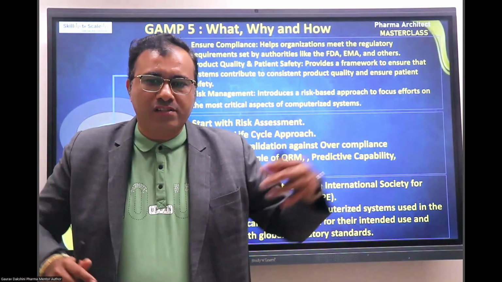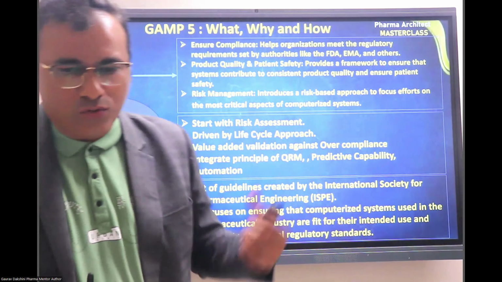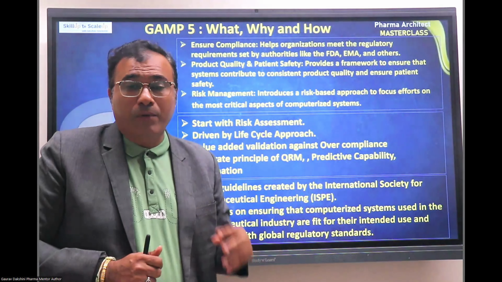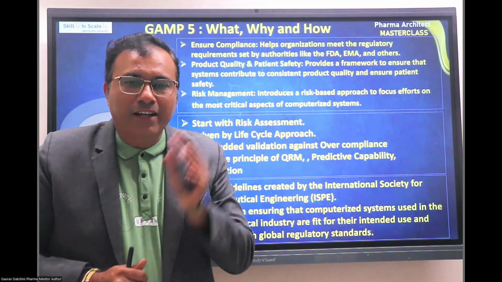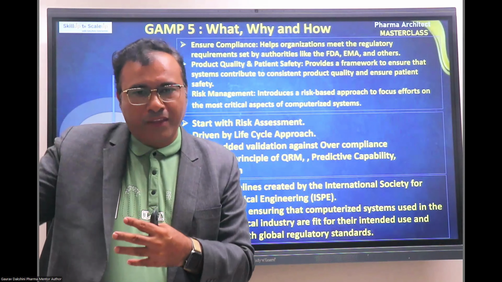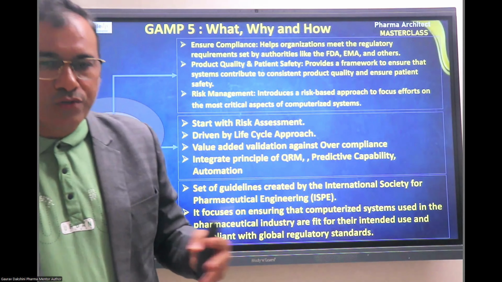There are so many clauses that go into 21 CFR Part 11. So that entire part will be applicable to all the things which are electronically generated, recorded, and then transmitted or used for any purpose.